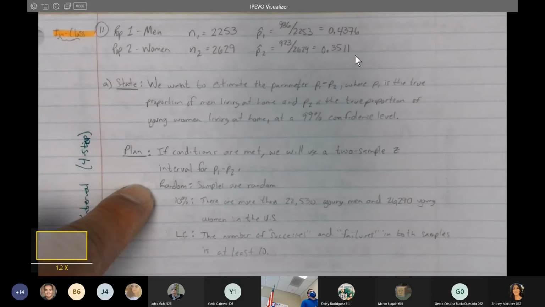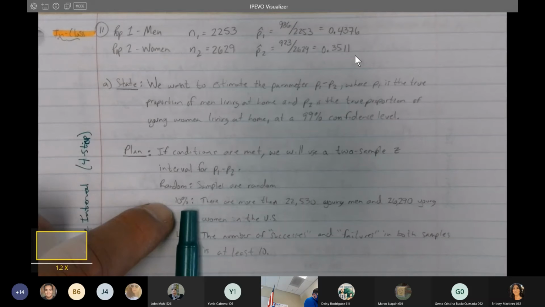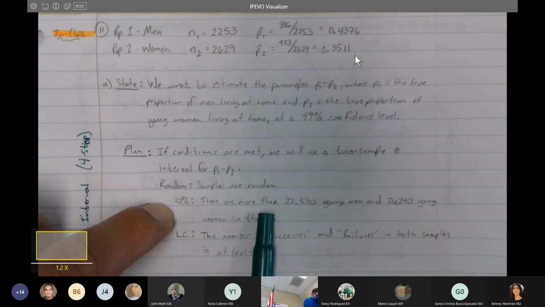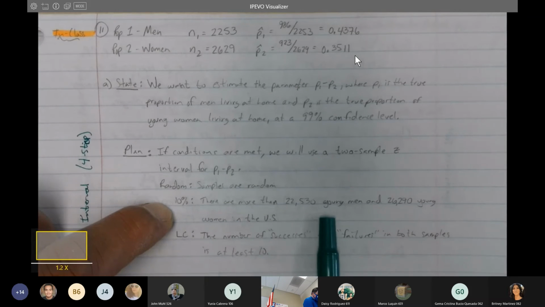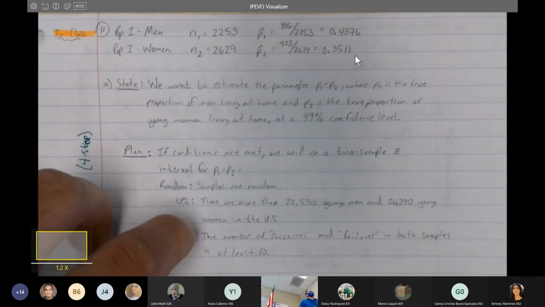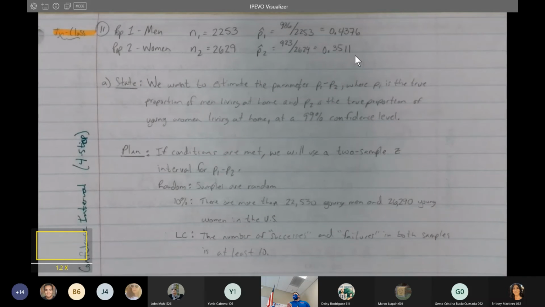Random: we were told in the context that the samples are random. 10%: this is a little different than the way I've done this previously. There are more than 22,530 young men and 26,290 young women in the US. All I did there is multiply the sample sizes by 10.